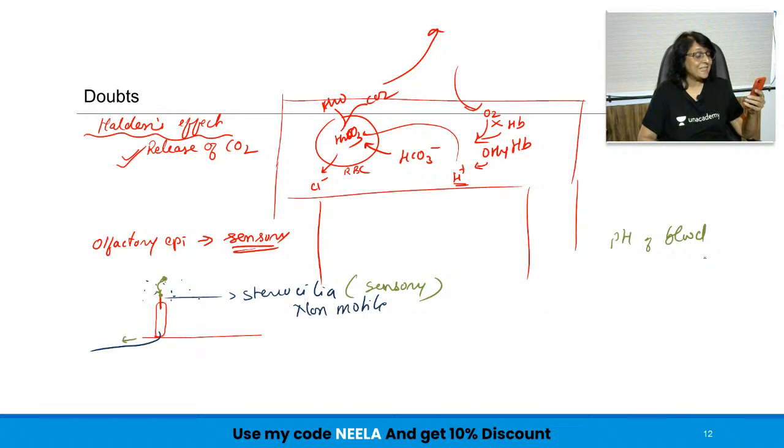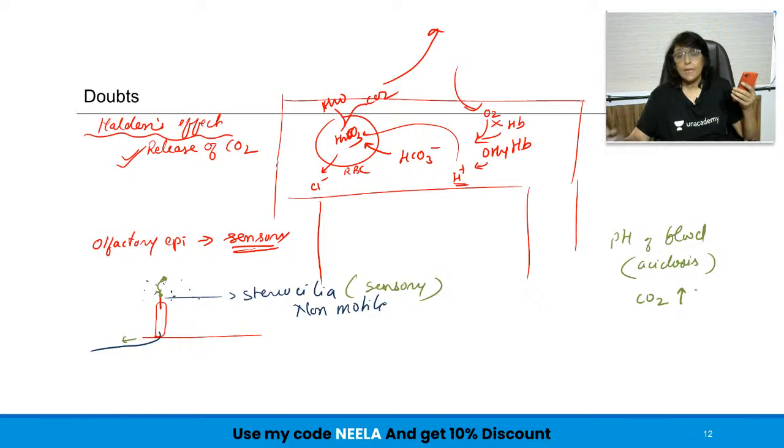So pH is decreasing, not increasing, which is called acidosis. Acidic, right. So what happens is, if there is less elimination of carbon dioxide, if you are doing more exercise, if your muscles are tired, then there will be more and more carbon dioxide in the blood.